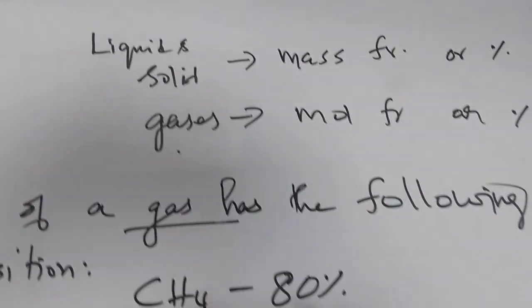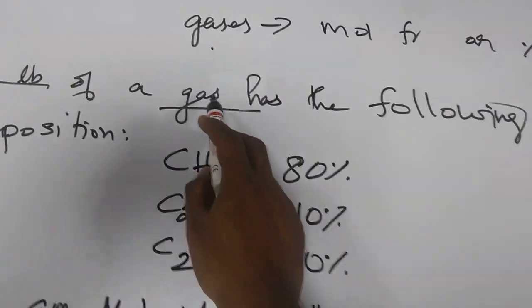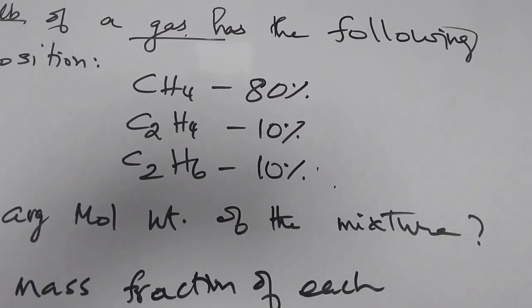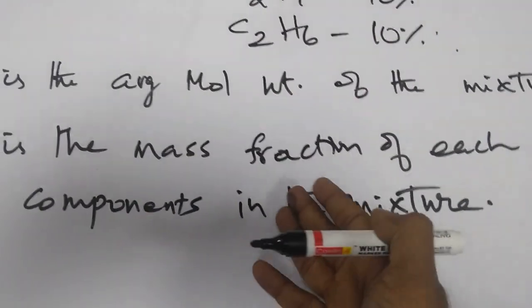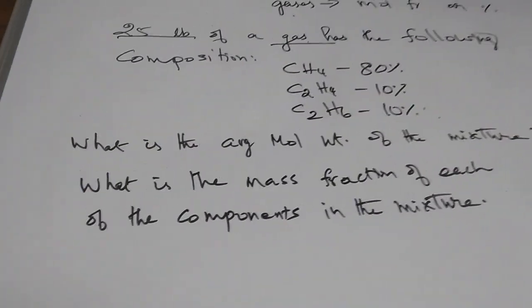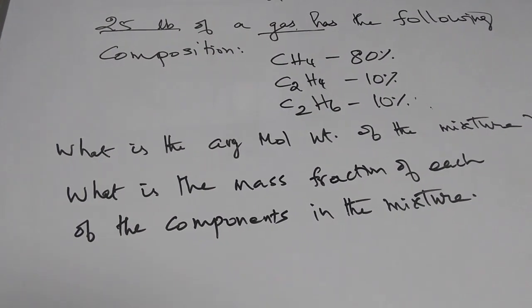That's the default. So even though it is not mentioned, we take it as a gas, and assume this to be mole percentage. So mole percentage is given and mass percentage is asked. Here the average molecular weight is asked, and the mass fraction of each of the components in the mixture.